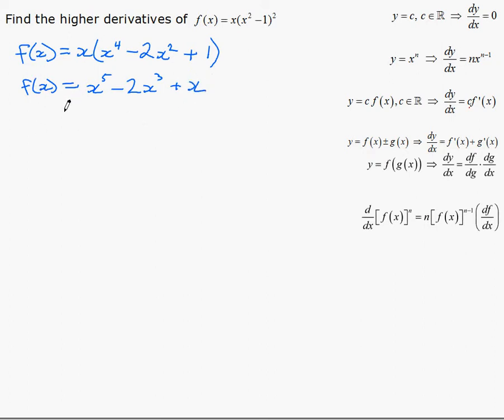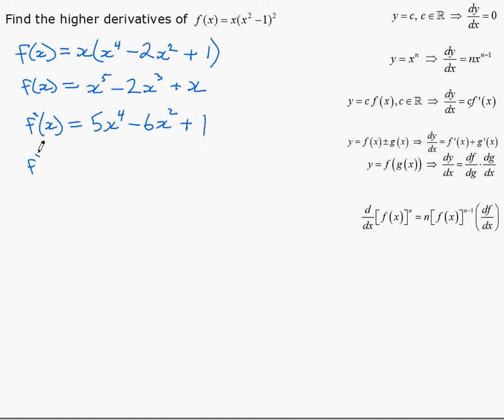All we've done is simplify it, and now we're going to take the derivative. So first derivative, 5x to the 4 minus 6x squared, 3 times 2, plus 1.